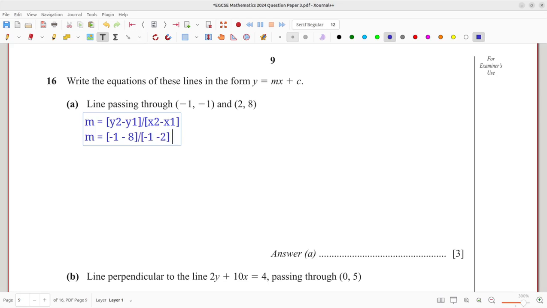Negative 1 minus 8, it's giving me negative 9 over negative 3. Then this is giving me a gradient of 3.